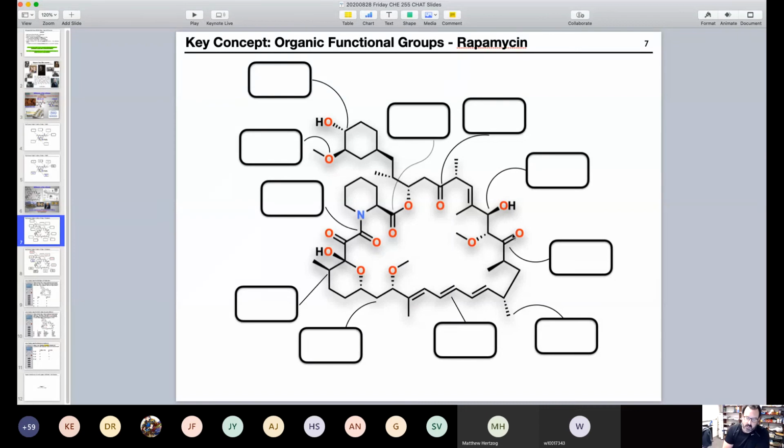So oxidation state 2 functional groups are either an aldehyde or a ketone. Oxidation state 3, we have 1, 2, 3. So this ends up being an ester. So look at this one. 1, 2, 3. That's an amide because that's now nitrogen. 1, 2, 3.